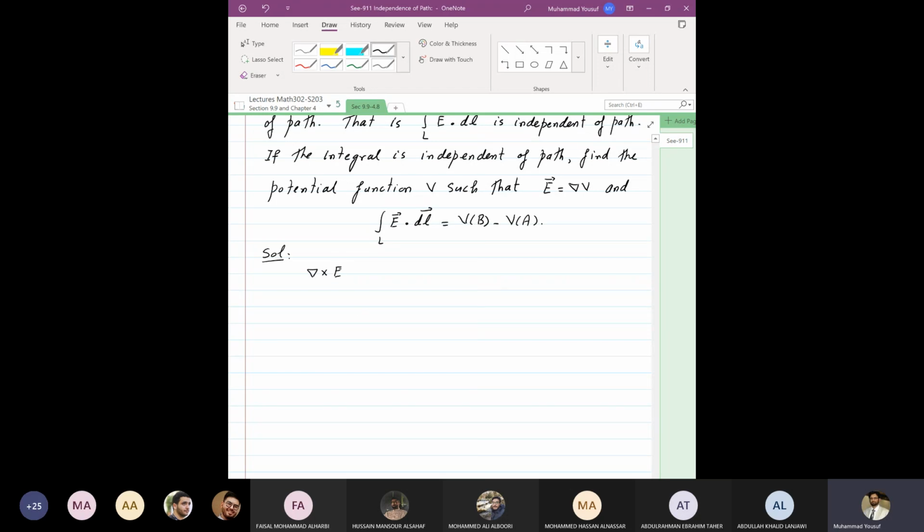So del cross E is equal to the determinant with ax, ay, az, then partial over partial x, partial over partial y, partial over partial z, the del operator.